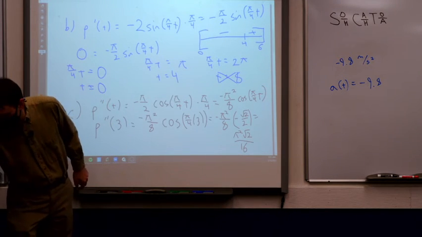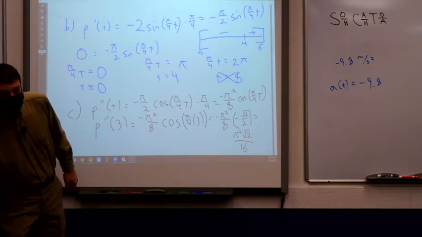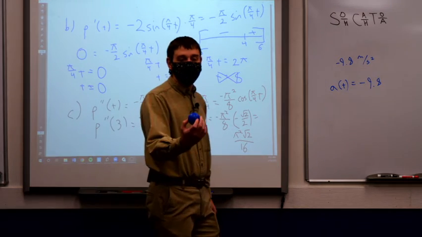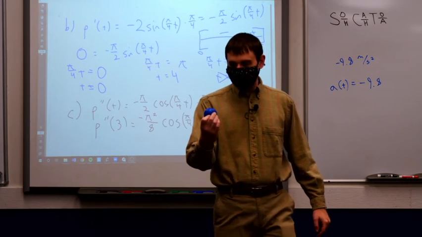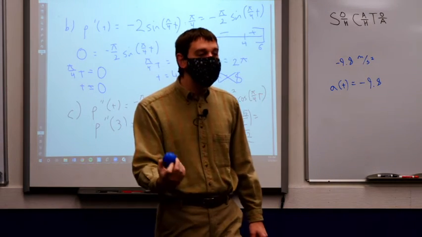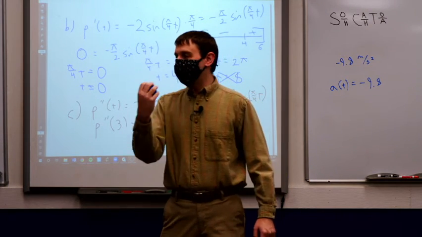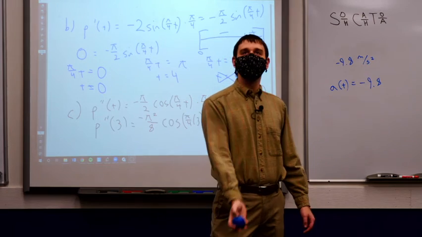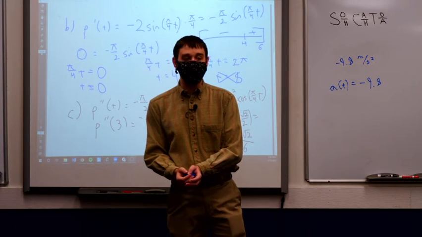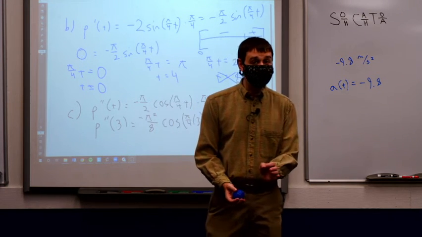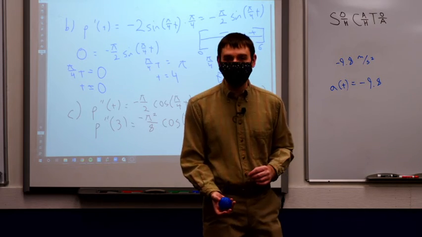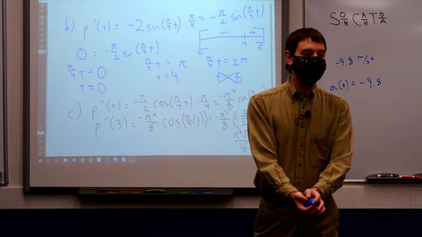So if I am throwing something in the air, and you think about different times and whether it's speeding up or slowing down, the answer is dependent on time, even though acceleration is always negative.